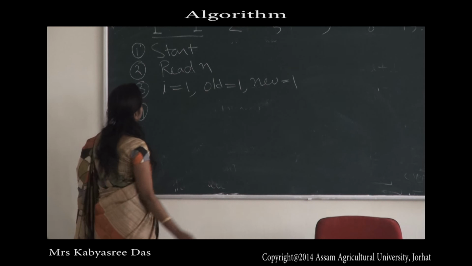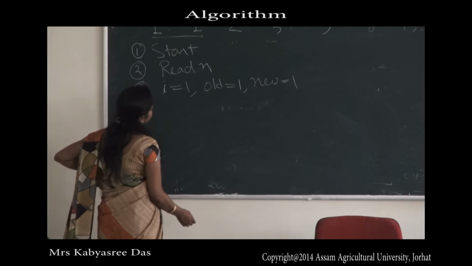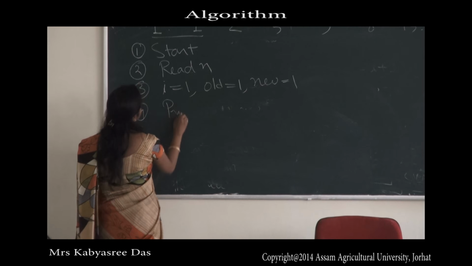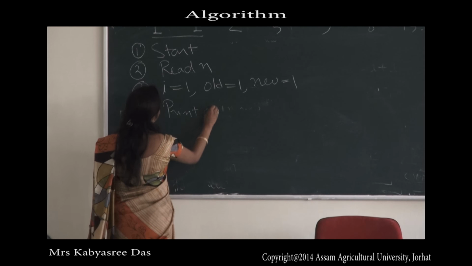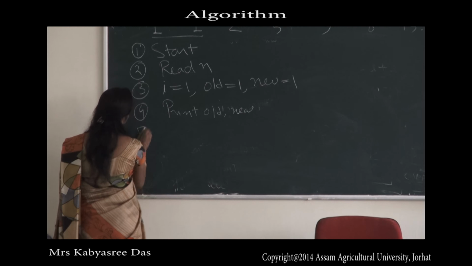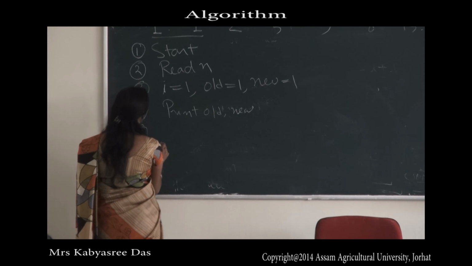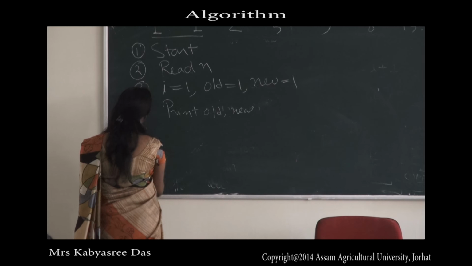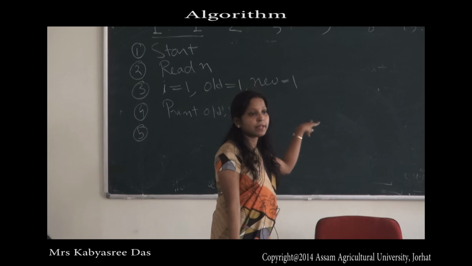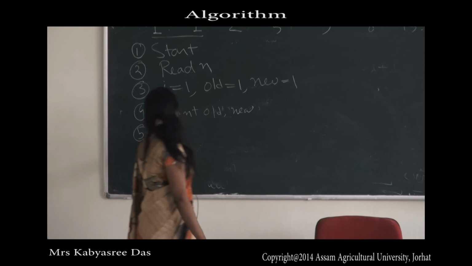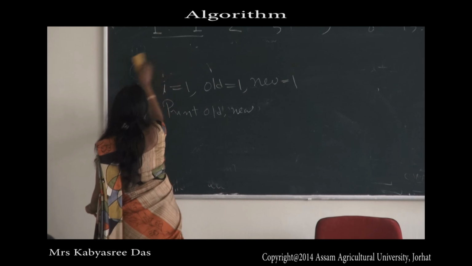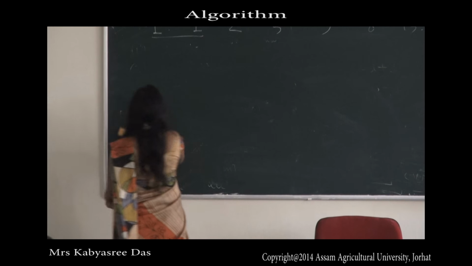Number 4, you write print. Number 5, you write there, you have to write go to step 5, not 4. This is step 5 now. If, in that flowchart you write the step 5.